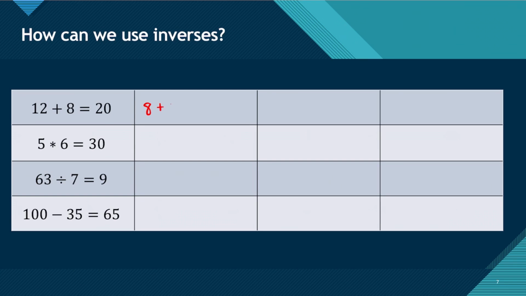So if I did 8 plus 12, that also still gives me 20. If I use an inverse instead, I can say 20 minus 12 is equal to 8, or 20 minus 8 is equal to 12.